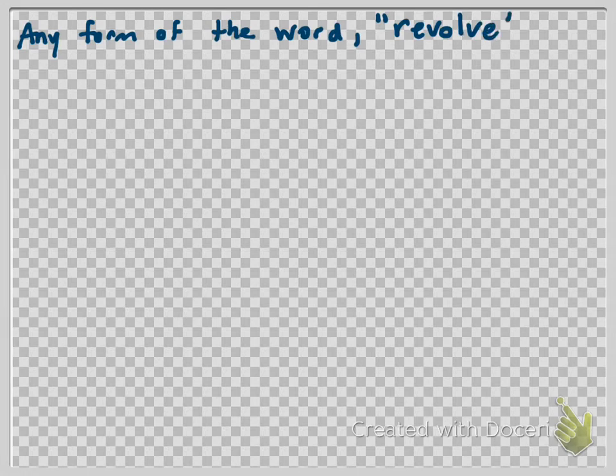If you see any form of the word revolve, so revolved, revolution, any of those words, then you're going to be using the technique that we're about to do. Okay?